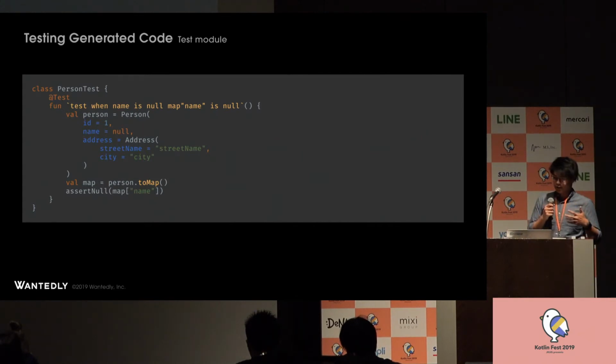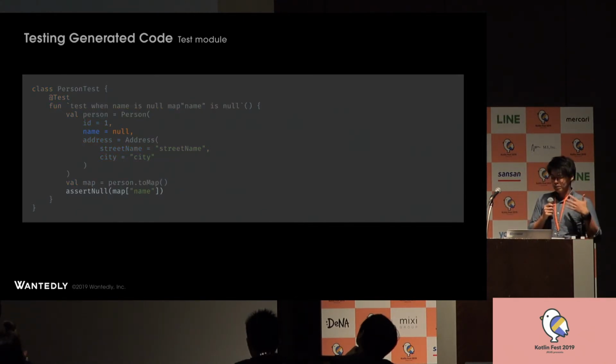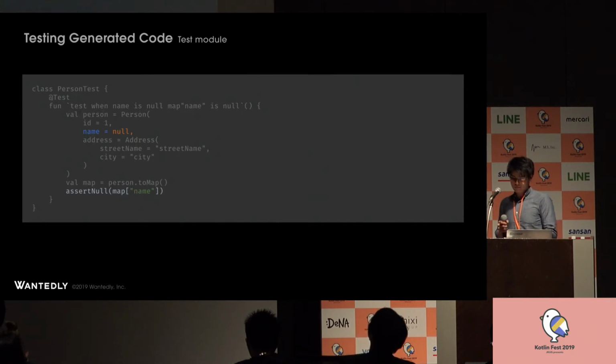Using the example code that we've built, we will create a module that tests our generated toMap function and ensures that it is producing the correct value. Here I created a person object with a null value for the name property, and then check if the map from the extension function has an entry with the key name but has a null value.